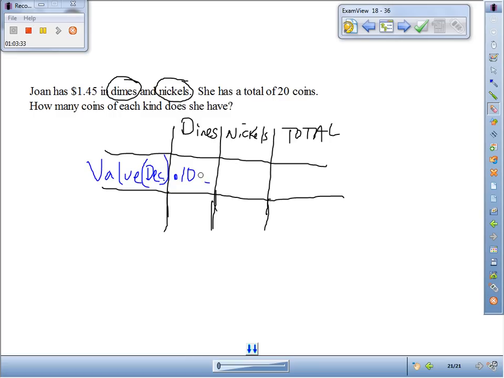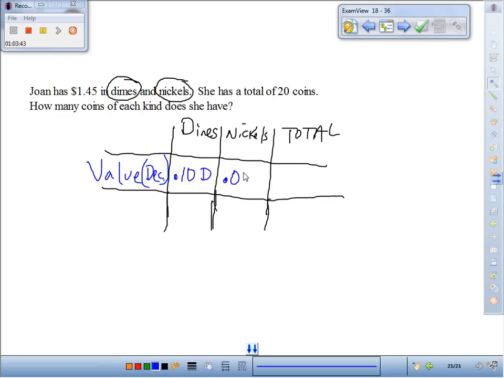Yeah, okay, let's use the letter D. Thank you. From there, how can we write nickels as a decimal? 0.05, and we're going to use the letter N for nickels. And what is the total value of the money? 1.45.